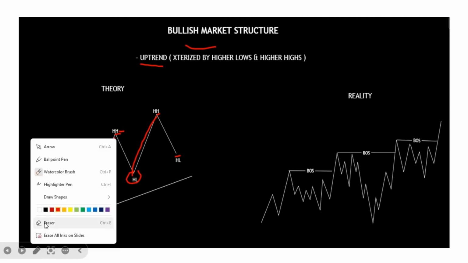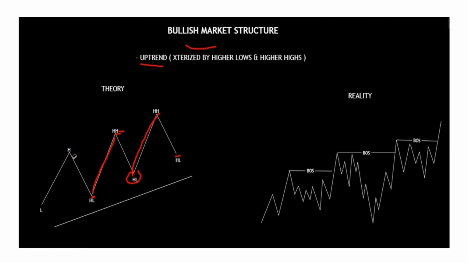Now, another important thing to note is that when the market moves, there's something called break of structure, okay? At every point in an uptrend or a downtrend, when a high or a low is broken, that is called a break of structure. So at this point, we broke structure.